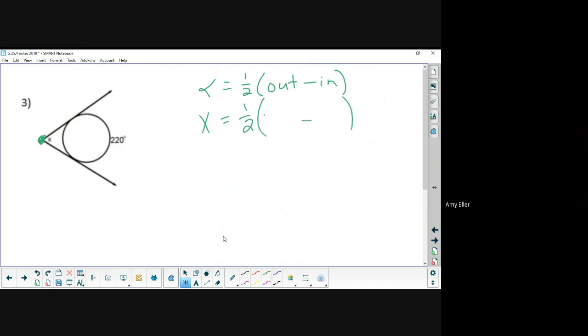Oh, I think you're on a different question. Oh, 2. There you go. 220. Now the inner arc. I don't know the inner arc. When we don't know, a lot of times we just put X. Can I put X? No, you guys have gotten pretty good at not doing that.